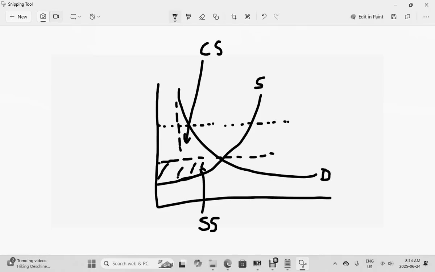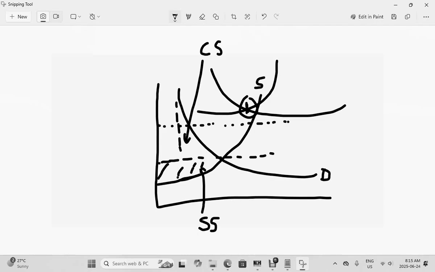In that case, you will have a new equilibrium point, where you have your supplier and consumer. Because of this price ceiling, they cannot sell at this point. They have to go below this price ceiling.